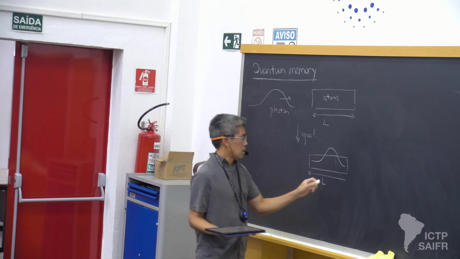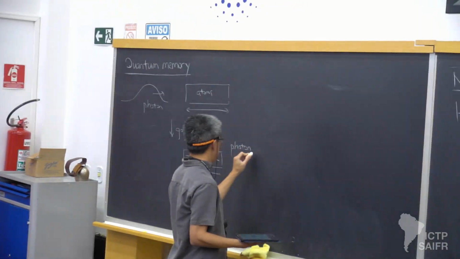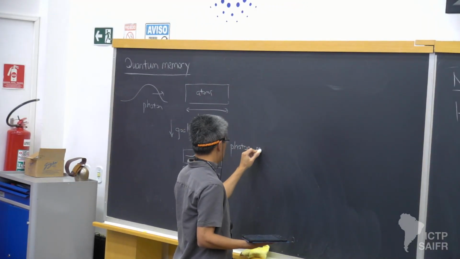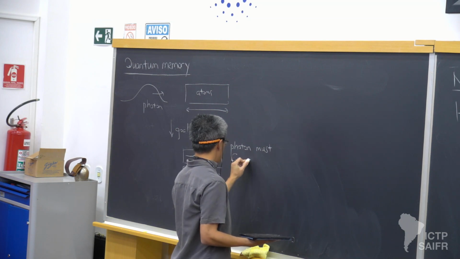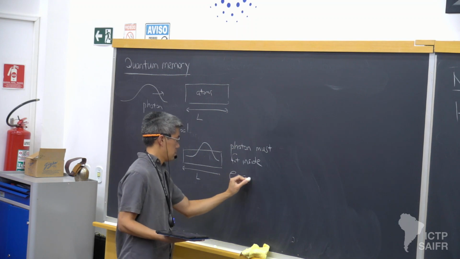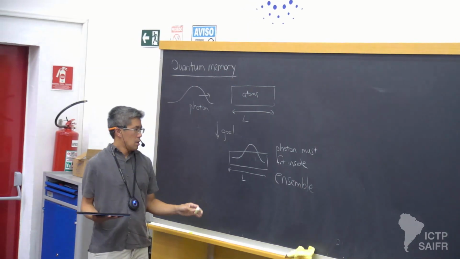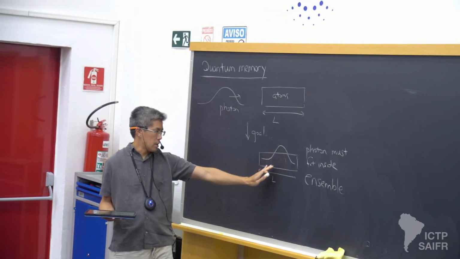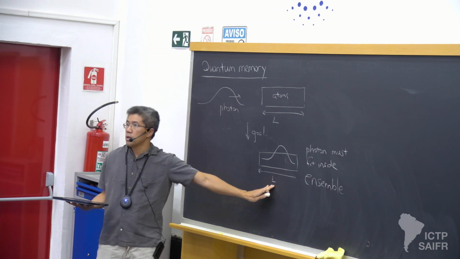Okay, so I need my photon must fit inside the ensemble. Which means the maximum length it can have inside the medium is given by the length of the medium itself. Okay?